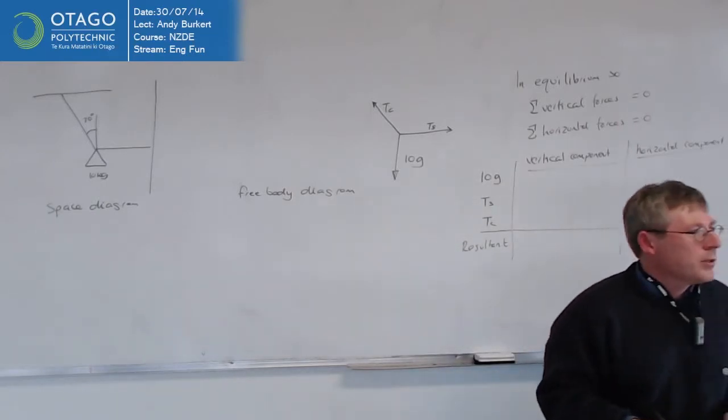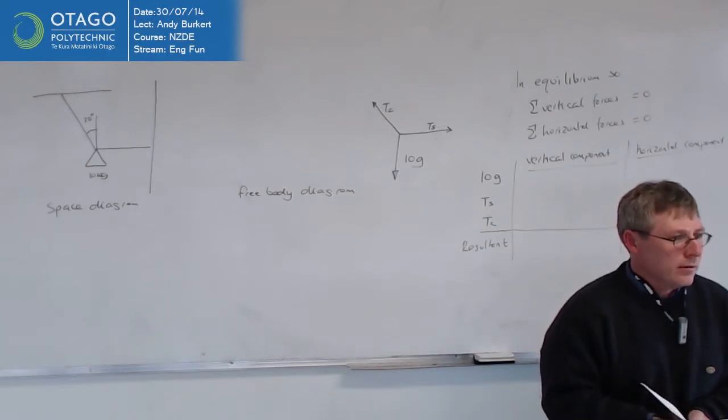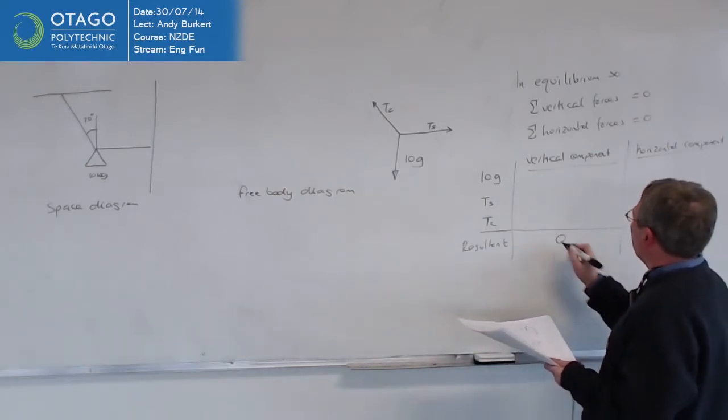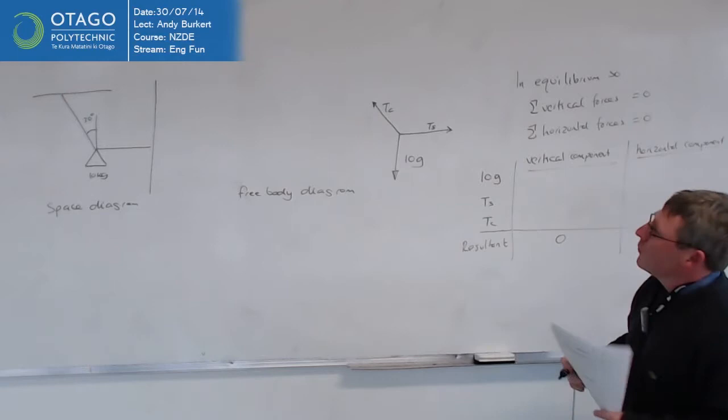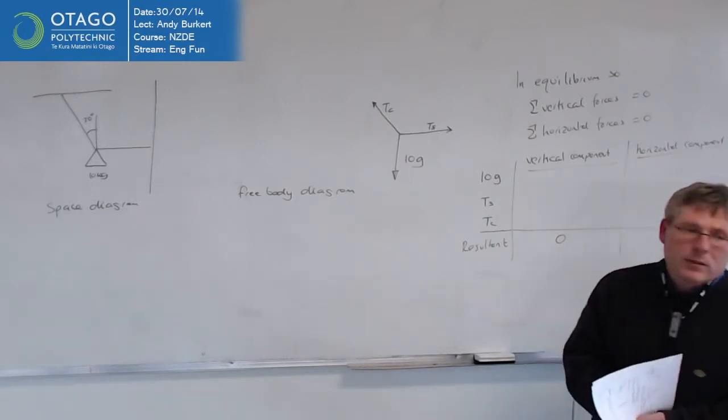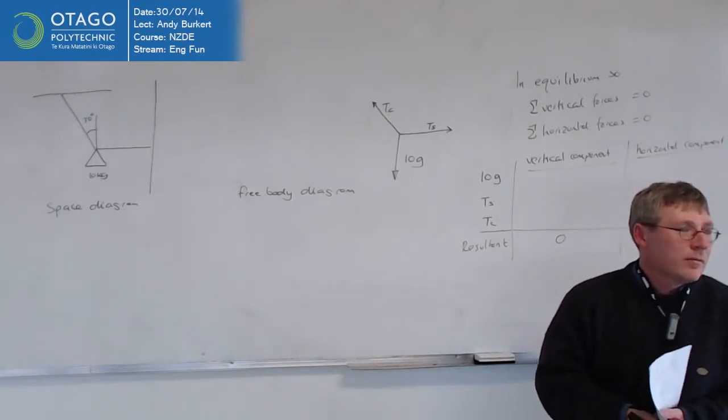It's in equilibrium, so what's the resultant got to be? 0 and 0, yeah, 0 for the vertical and 0 for the horizontal. So what can we fill in for numbers?